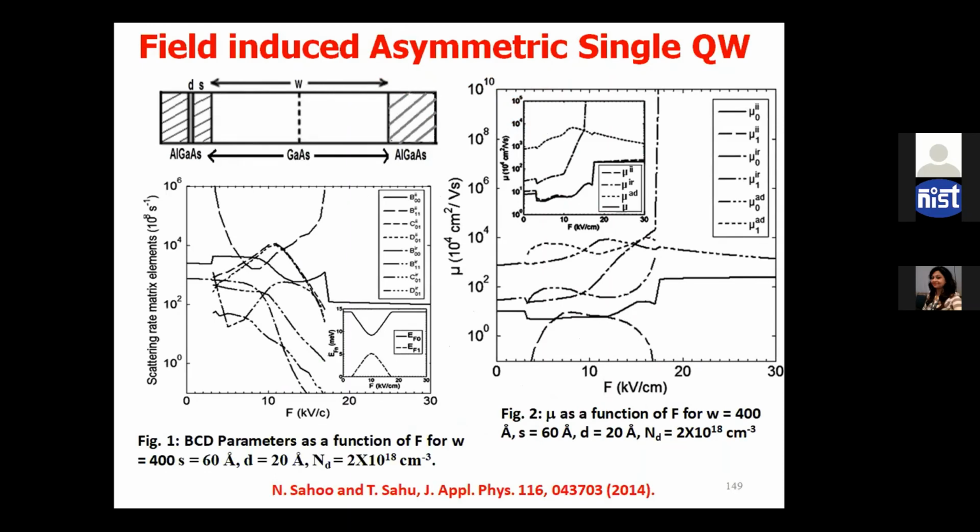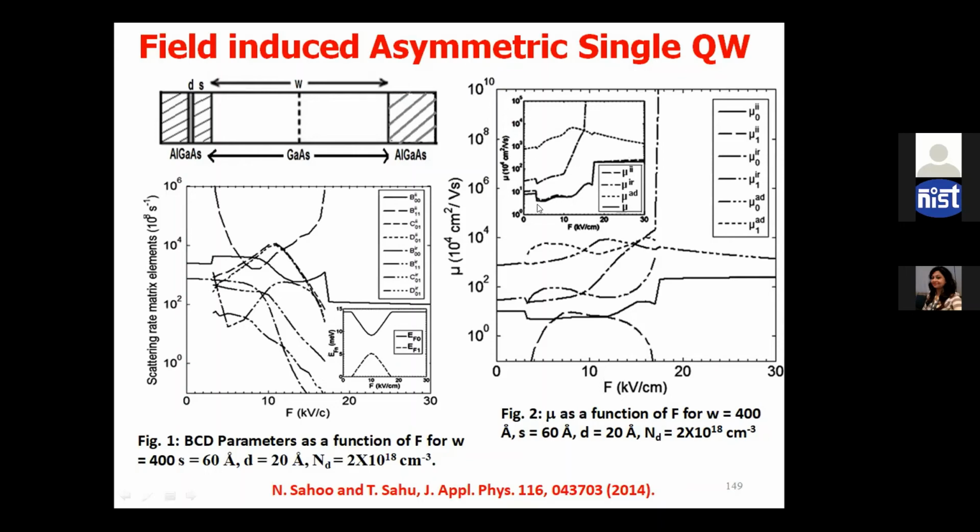We achieved very interesting results: the mobility behavior is non-linear. That means up to a specific field there is a single subband, then a double subband is occupied because we are increasing the field. So the energy changes, the double subband is occupied, and it continues up to a certain field. Then again there is a single subband. During double subband occupancy, there is oscillatory behavior of the mobility.